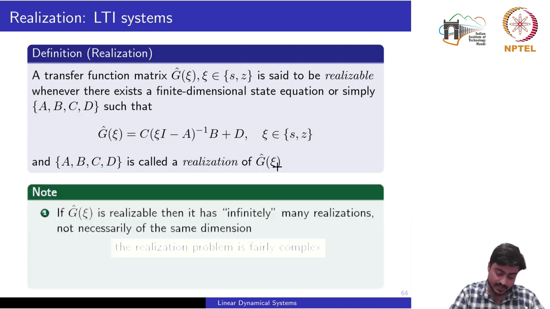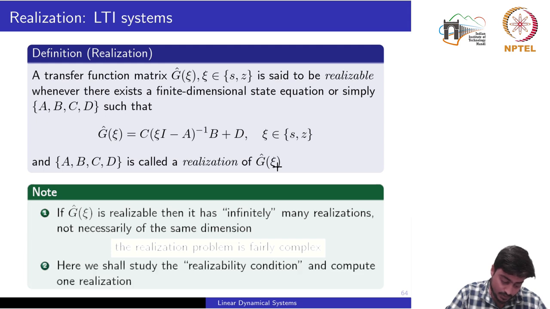We have already discussed that g hat of xi could have an infinite number of realizations, in the sense that there could be an infinite number of pairs ABCD. So this problem is fairly complex: among all those representations, which one is to be chosen, or how do we ensure that a representation exists, right?